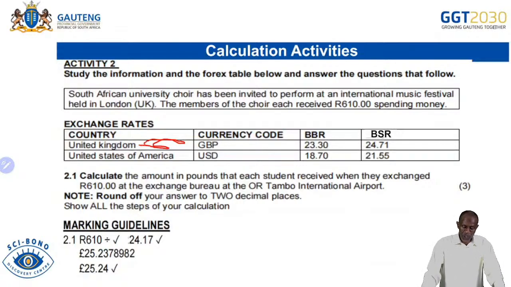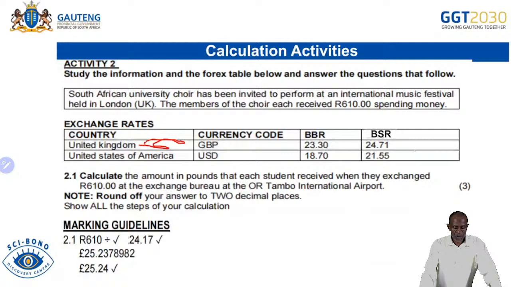So we have used an elimination skill here to eliminate that which we don't want. It means we are going to work on only one row, the United Kingdom.